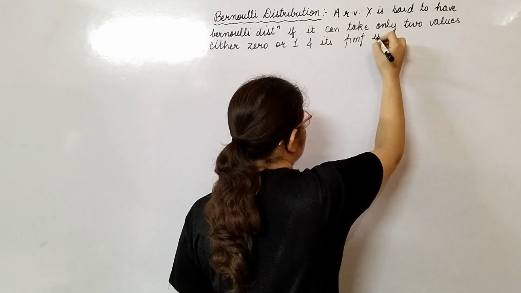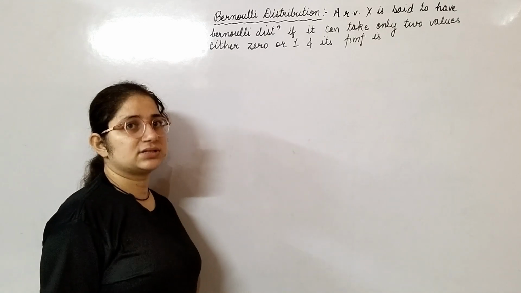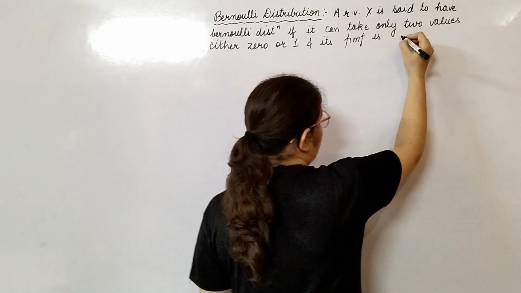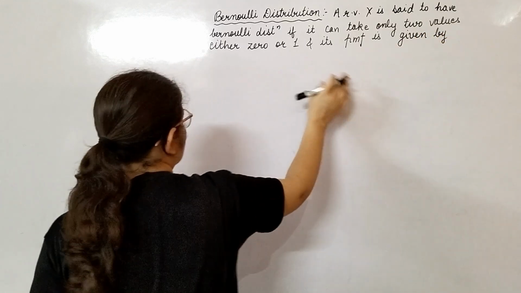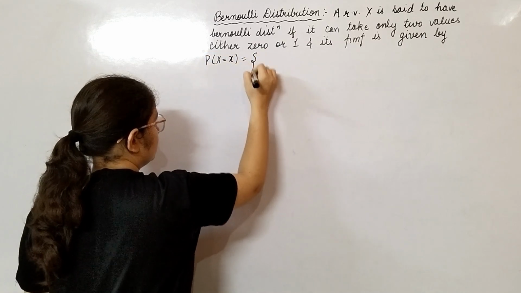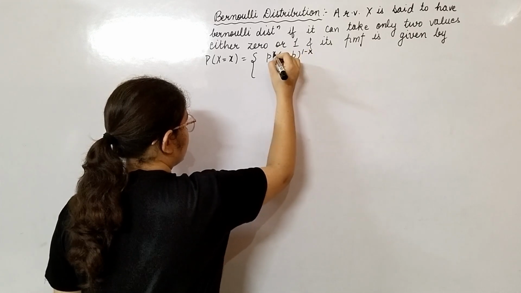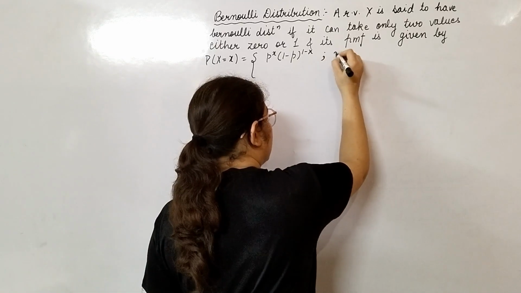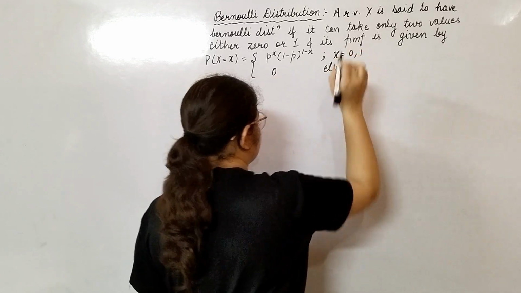probability mass function. Discrete के केस में probability mass function and in case of continuous distributions it will be probability density function. PMF is given by probability of x is equal to p to the power x, 1 minus p to the power 1 minus x, because x can take only two values, either 0 or 1, where x is either 0 or 1 and 0 in other cases.